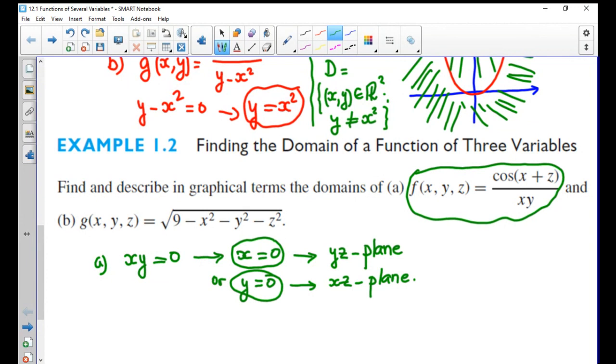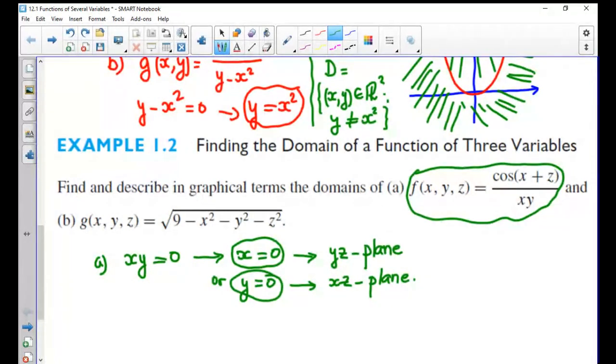Why? Because on the YZ plane, x is 0, so the denominator will be 0. So you will not be able to find the value of the function there. Same thing in the XZ plane, y is 0. Therefore, our function will not be defined there.